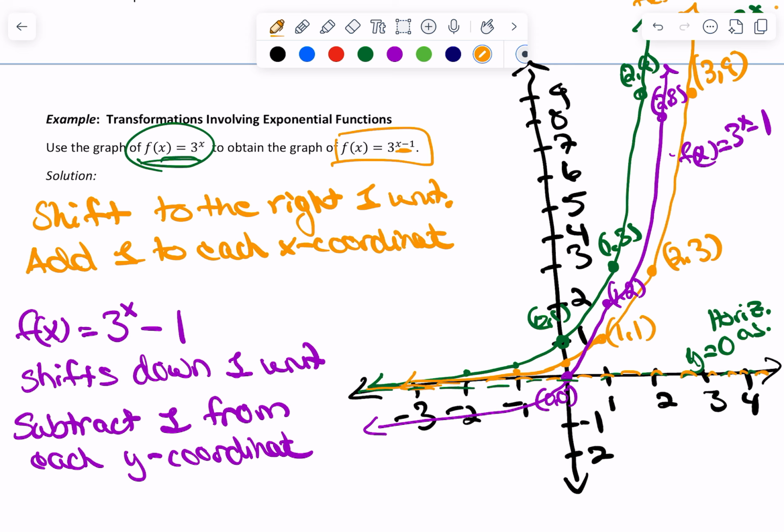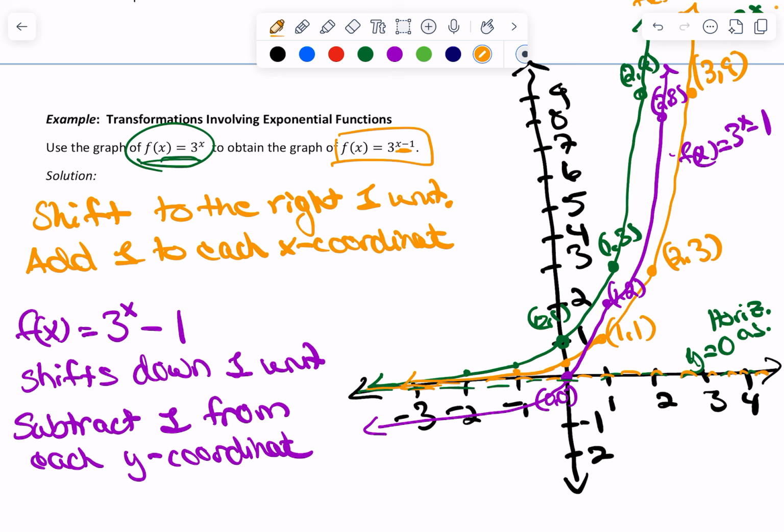I can't remember if I mentioned this before: asymptotes are drawn with a dashed line because if you try it with Desmos, you won't see the actual line. We don't want to mistake it for the actual graph, so that's why we use the dotted line for the asymptotes.